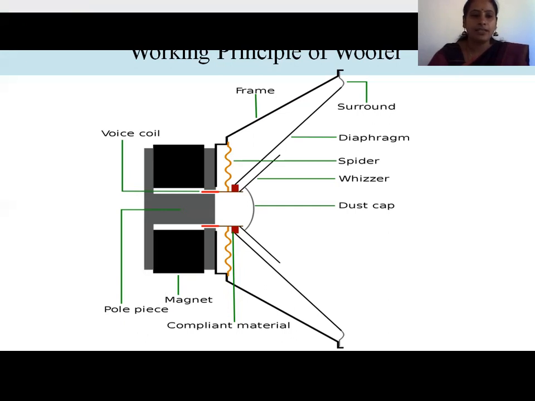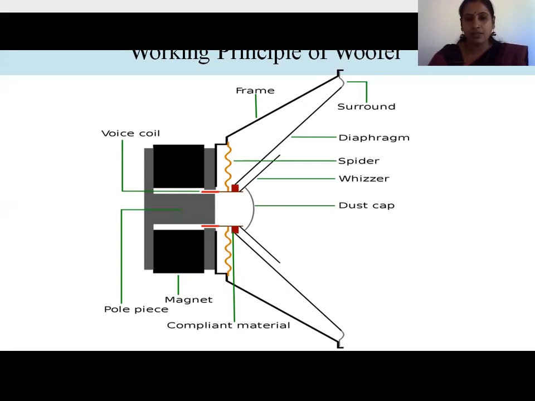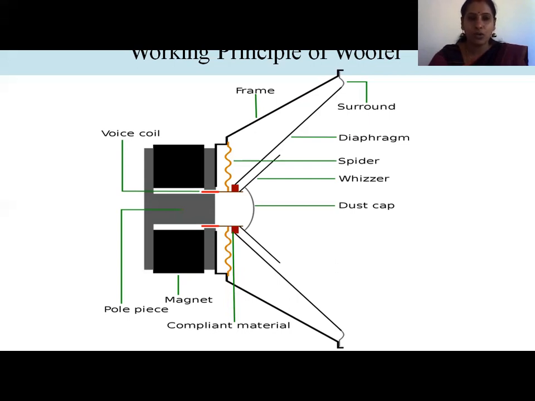The voice coil is attached by adhesive, by gum, to the back of the speaker cone. When current flows through the voice coil, the coil moves in and out like a piston.